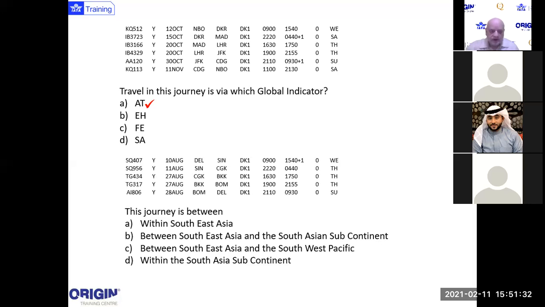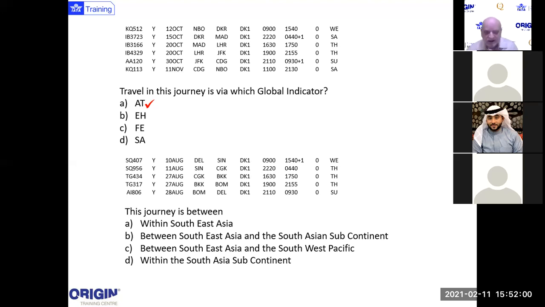Okay, here's a journey. DEL, where's DEL? Delhi. If you get this one right, I'm going to be totally impressed. CGK. Is it the second airport in Bangkok? No, but you're in the right part of the world.